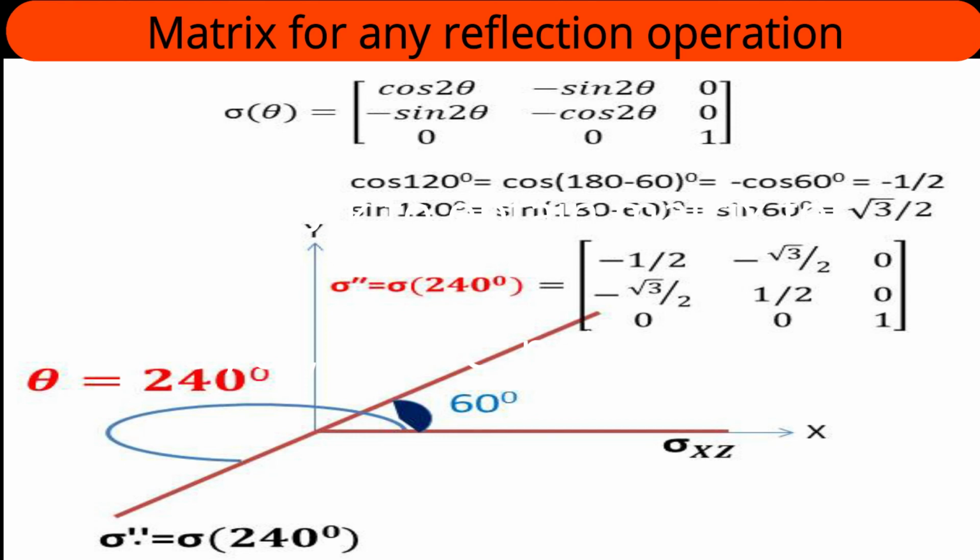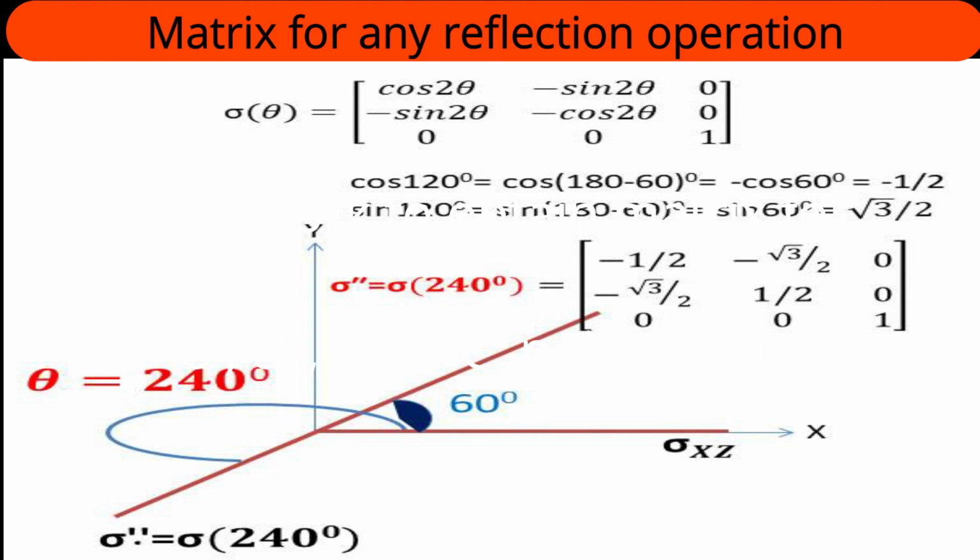What is cos 120 degrees? How can I solve that? Cos 120 I can split as 180 minus 60. 180 means there is no change in axis, so the function will remain the same. Cos will remain cos followed by the angle, 60 degrees. Ask the question, 120 degrees is in which quadrant? Second quadrant. In the second quadrant, is cos function positive or negative? Negative. So the answer is minus cos 60 degrees. Means cos 120 degrees is equal to minus half.